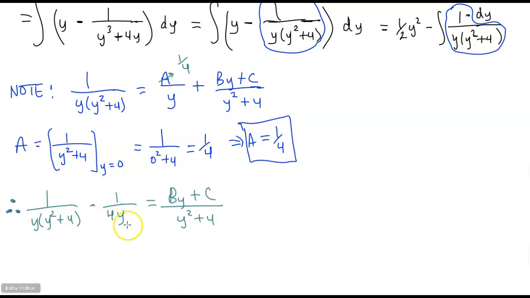We need a common denominator between y times (y squared plus 4) and 4y. Both of these denominators are going to have a 4, so I can multiply the numerator and the denominator by 4. The last thing that's left is that both of these denominators have 4y, but the second term is missing a y squared plus 4.